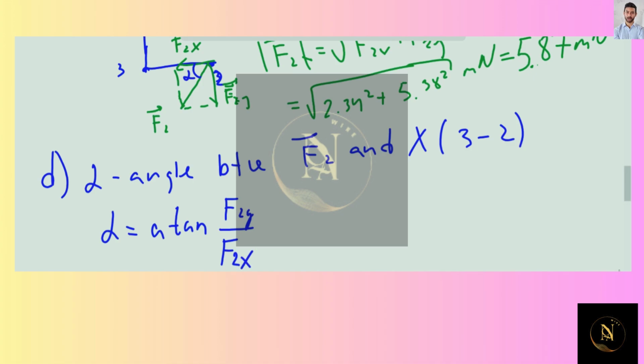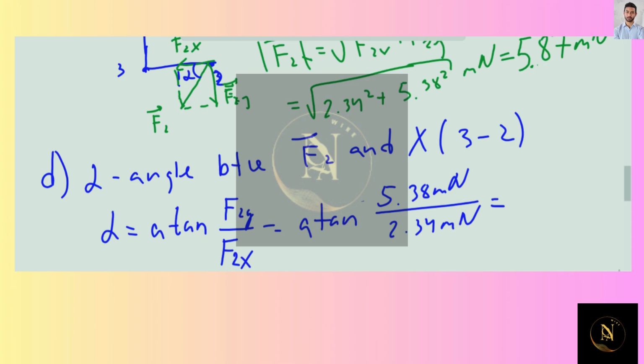So basically this cathetus over this cathetus, and this numerically equals F2y, and this is obviously F2x. Numerically it equals the arctangent of 5.38 millinewtons over 2.34 millinewtons.